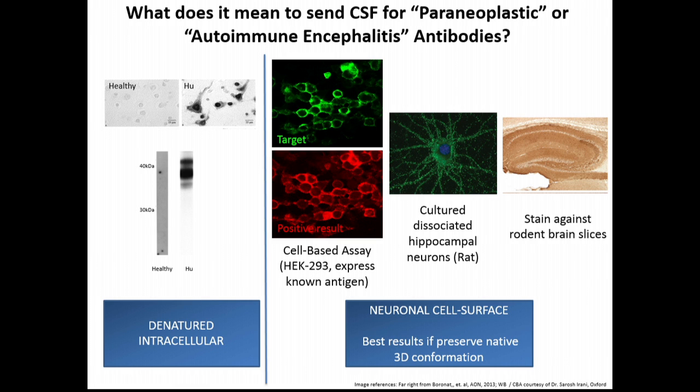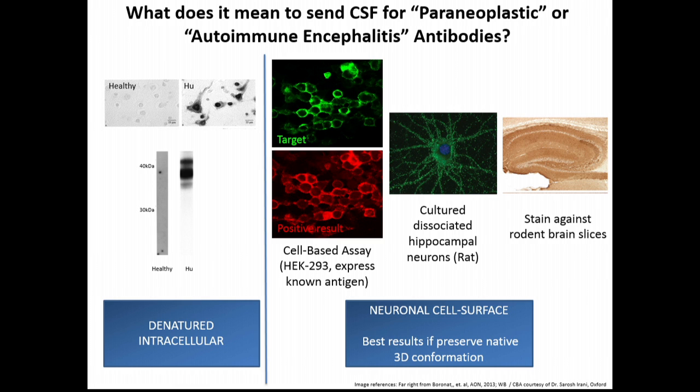For neuronal cell surface antibodies, such as the NMDA antibody, what labs now are doing is expressing it in a HEK293 or a similar cell. So you're essentially transfecting the cell to express it. It's expressed in its native conformation as if it would be in our brains, and then using immunohistochemistry to find that.